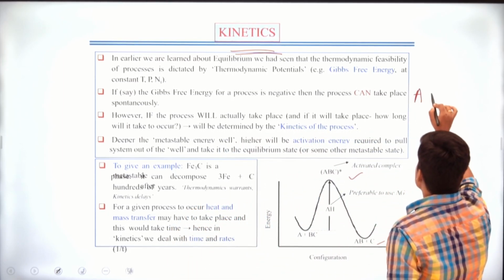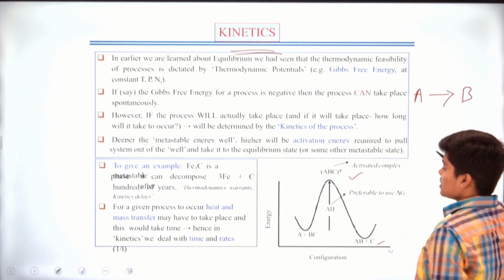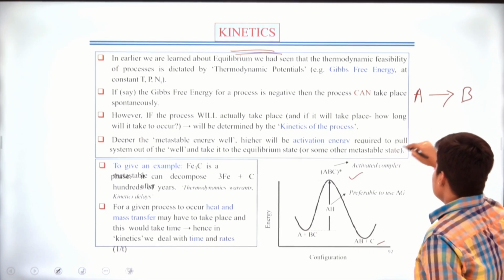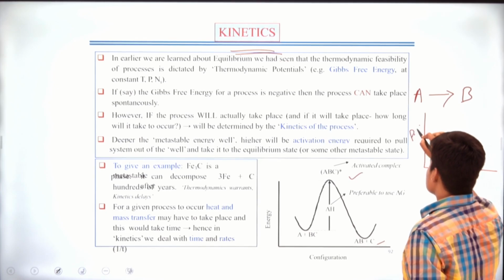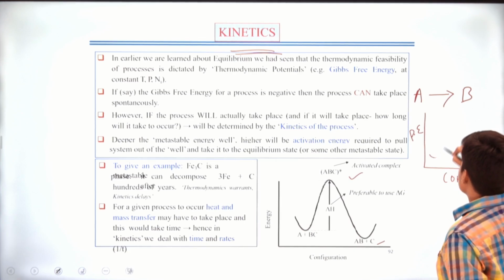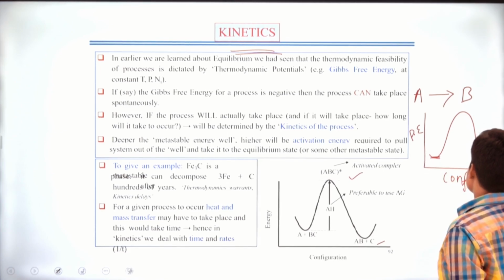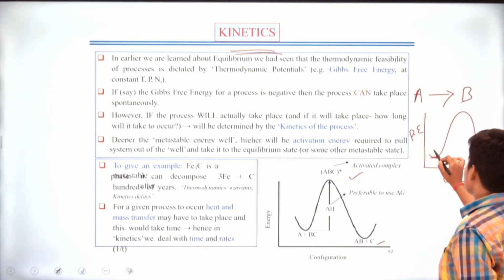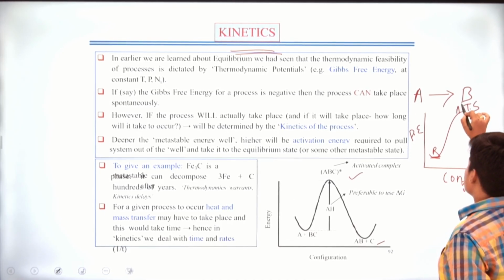Let A give B, where A is the reactant and B is the product. From the energy diagram, this is potential energy and this is the configuration. Here it is the reactant, here it is the product, and here it is the activated complex, which we can call the transition state or A star.